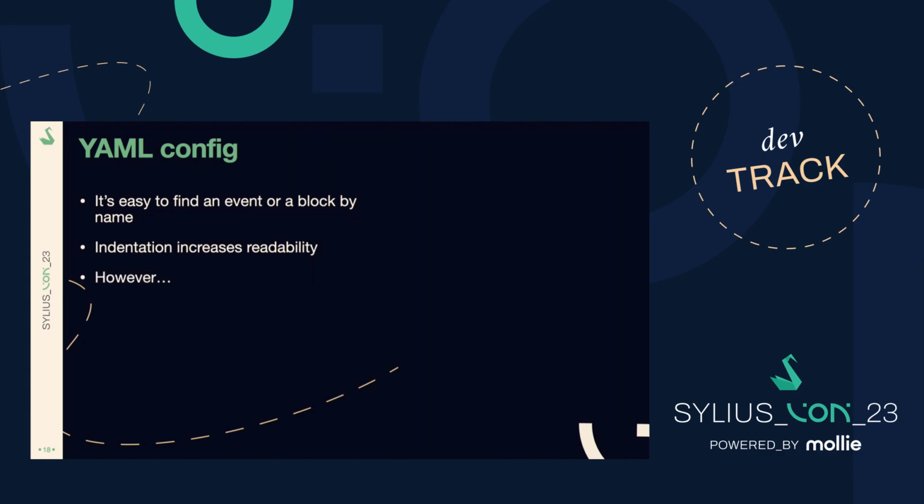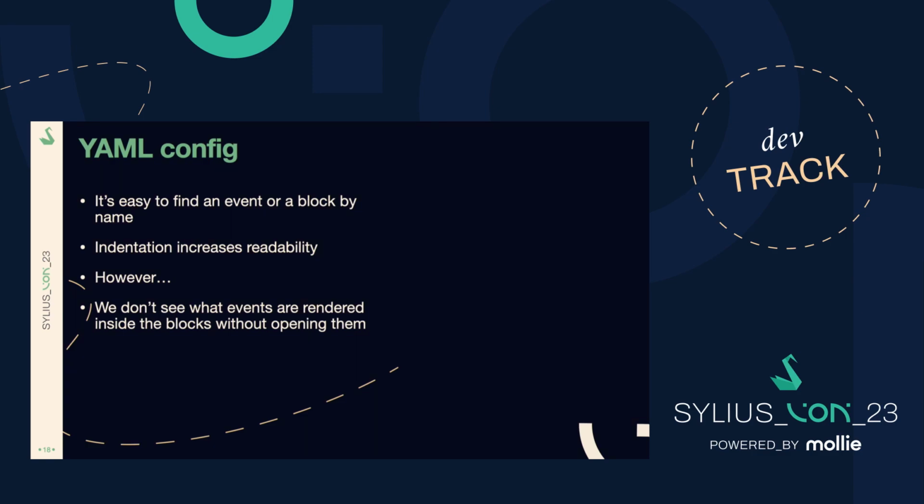However, we don't see what events are rendered inside the blocks. When we have an event, we have a block, but these blocks can render next events. It's invisible for us from the YAML config level.